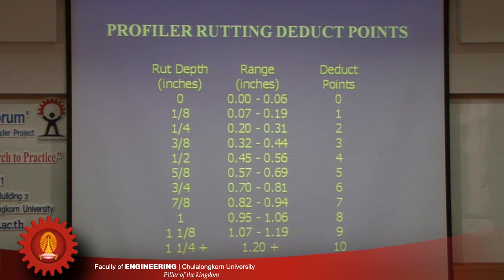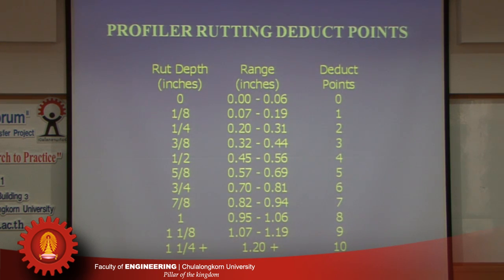How do we translate rut measurement to rut rating? This is the way to translate. You have the rut depth, and for each rut depth, there's a corresponding deduct point. For example, if the rut depth measured is half an inch, it would have a deduct point of 4.